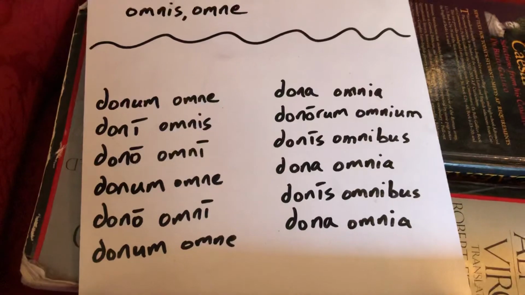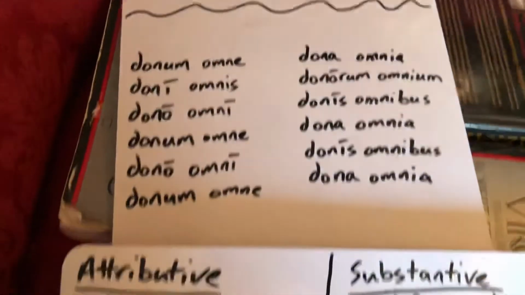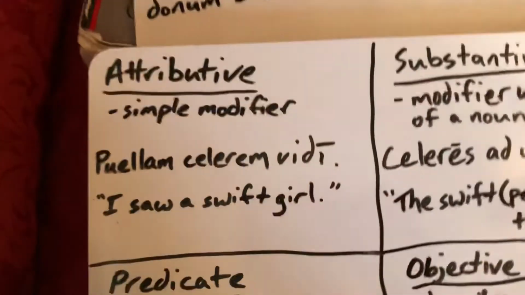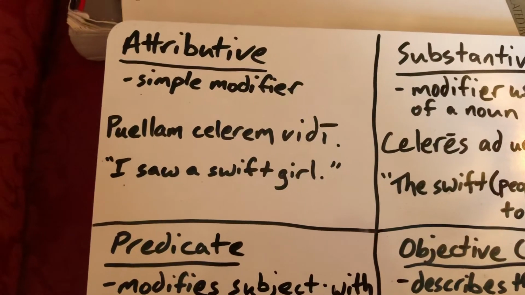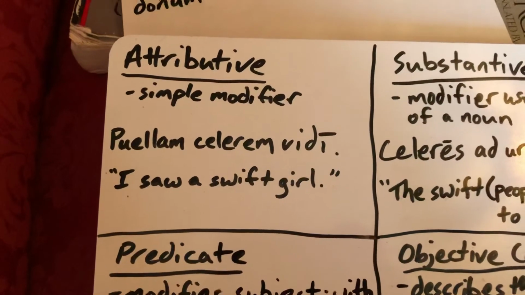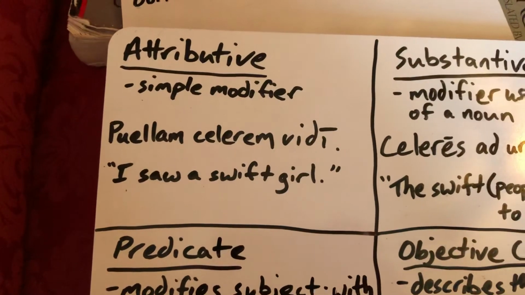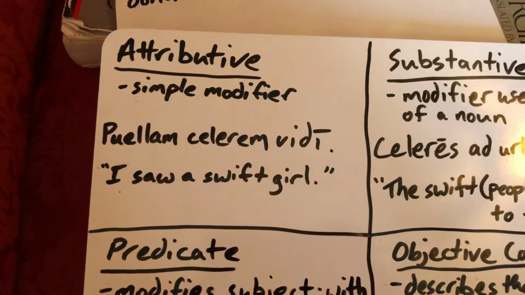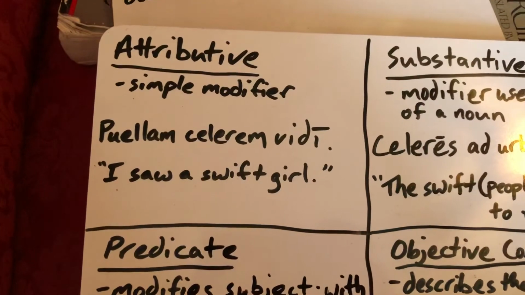All right, I also want to look with you at different adjective uses. Some of these are going to be review. Some of them are going to be new. There are 4 different adjective uses that you need to be familiar with. The first is what's called the attributive adjective, and this is going to be your most basic kind of adjective.